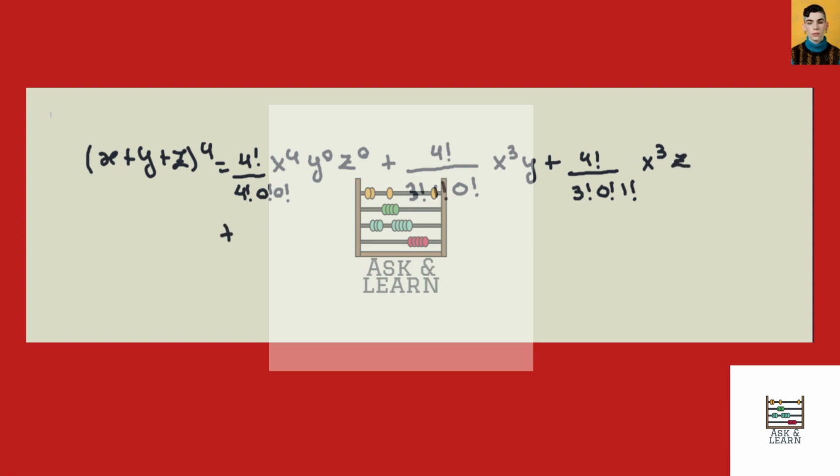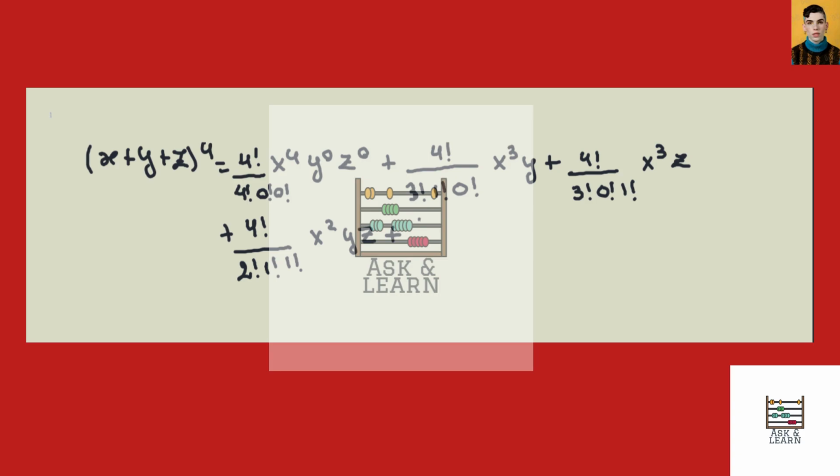Now, suppose that we select 2 x's instead, 1 y, and 1 z. So that's x squared, y, z.